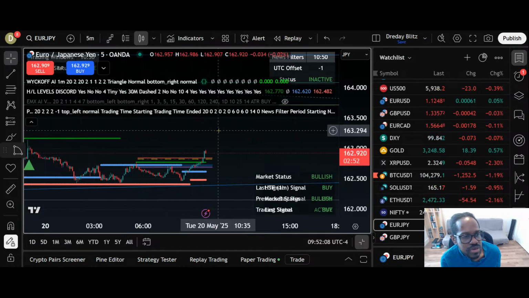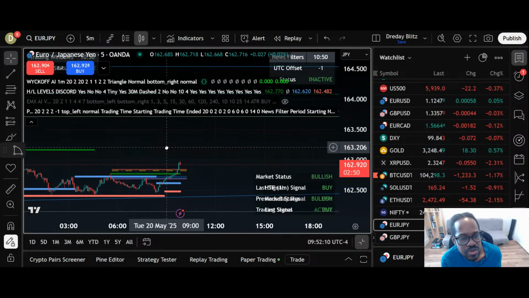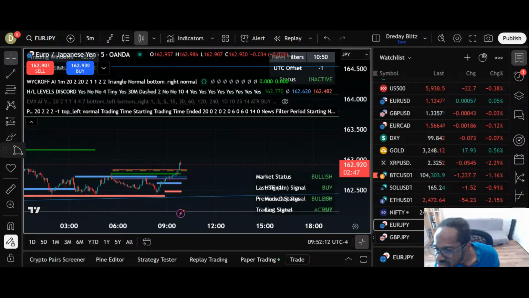Right, wait for it to load. Said you had, what you got? POC 5-minute printed buy signal.